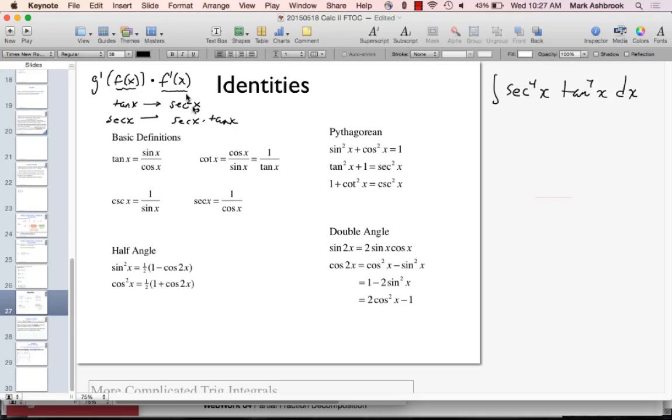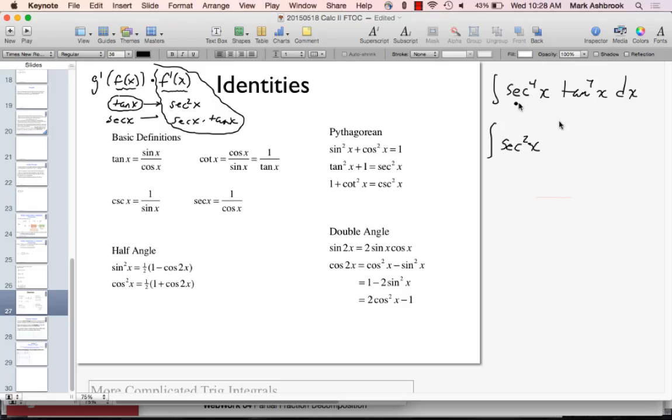So if we're undoing the chain rule, what we're trying to do is isolate a derivative of one of the trig functions. So let's start with this first one. So maybe secant squared. Can we isolate a secant squared here? And then what would we need? We need everything else to be some power of tangent, and we'd have it, right? You see that? If everything else was some power of tangent over here, and then we had secant squared, then we would have it.